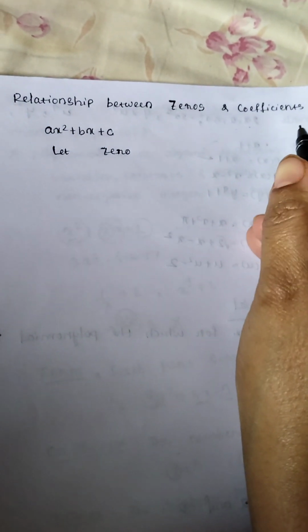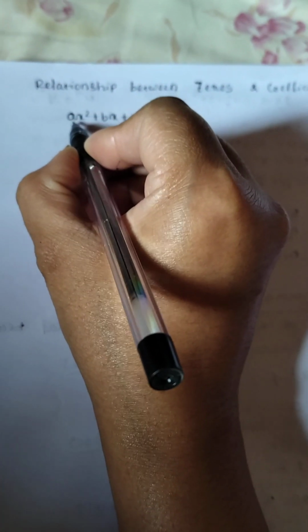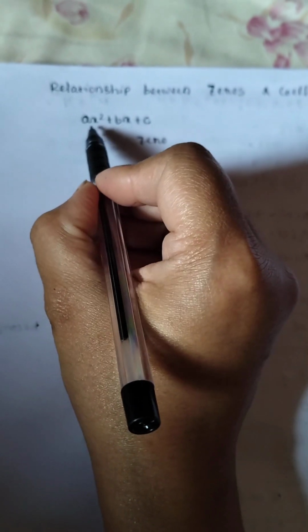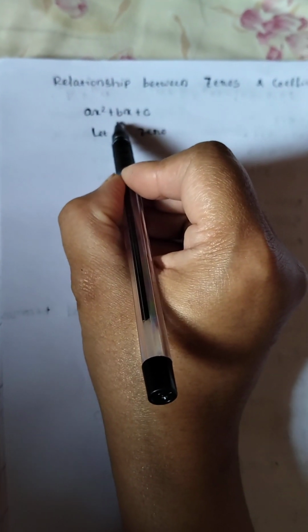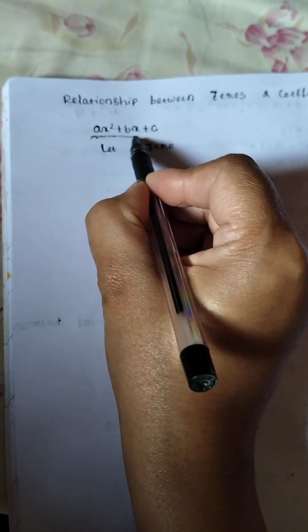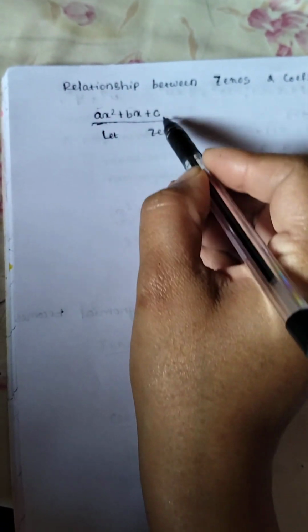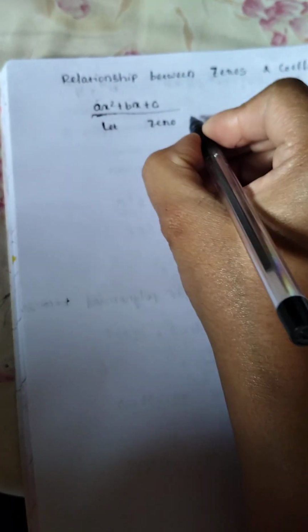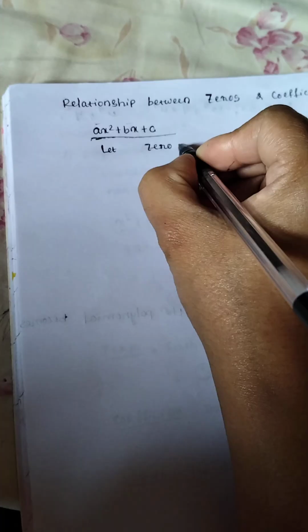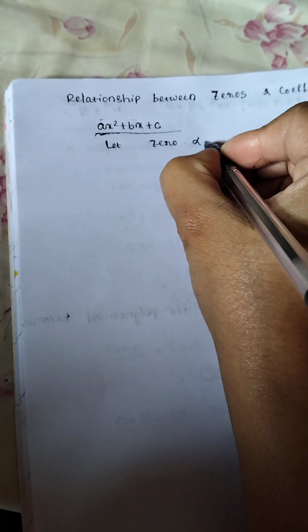Now we will learn the relationship between the zeros and the coefficients. For example, take a quadratic polynomial with degree 2, ax square plus bx plus c. What is the relationship between the zeros and the coefficients? Here the coefficients are a, b and c. Let's say the zeros of the quadratic polynomial are alpha and beta.